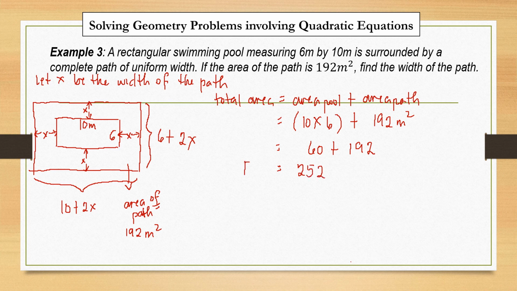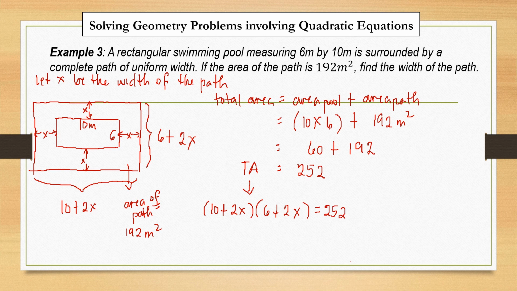This is now the total area of the given figure. The total area of the figure can be represented by the product of 10 plus 2x and 6 plus 2x, and that is equal to 252.